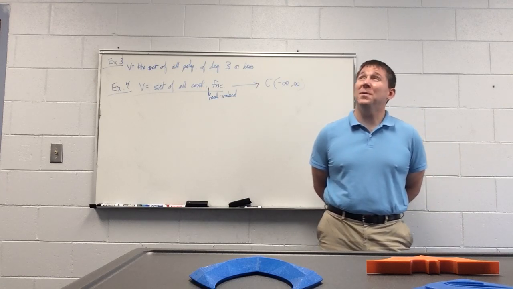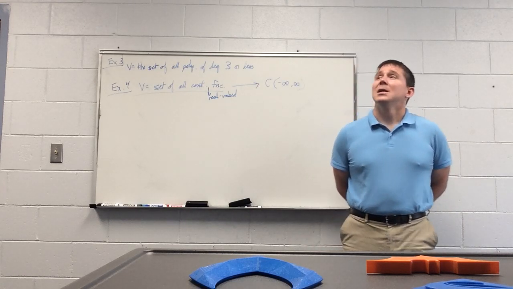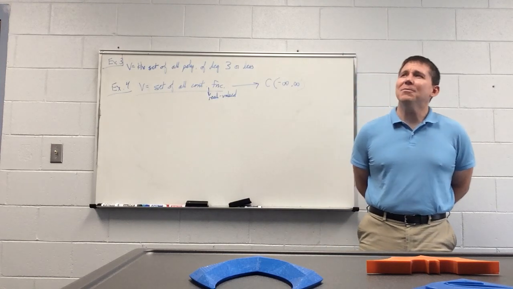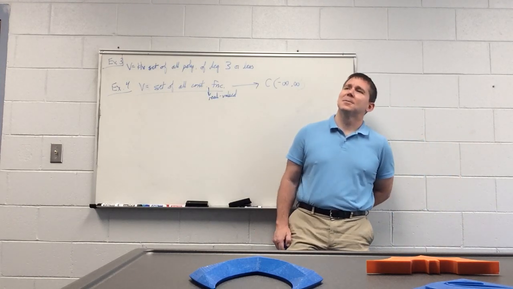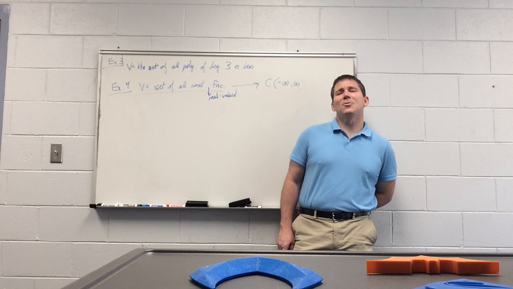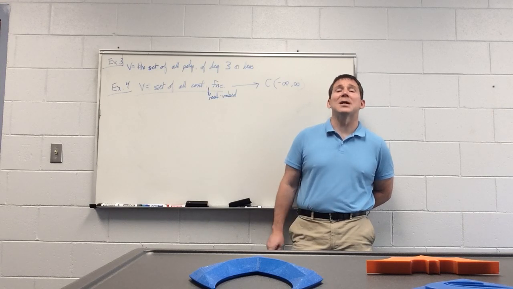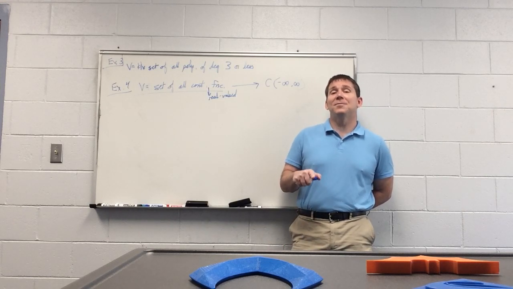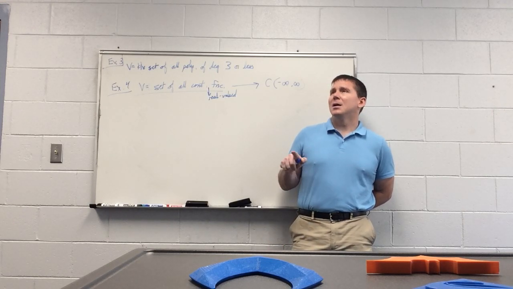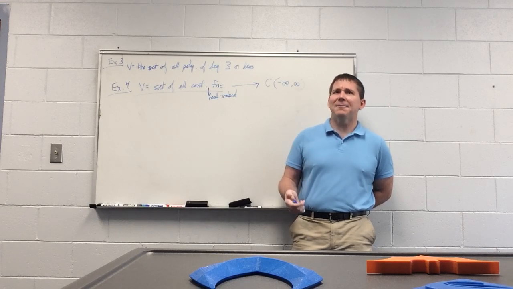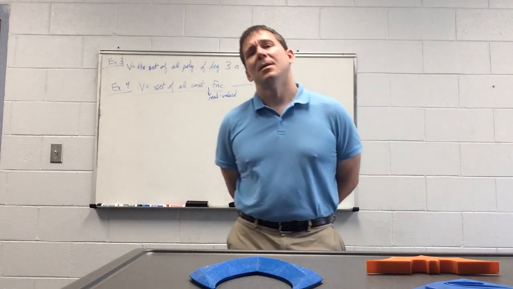All polynomial functions. Any of those are continuous. I guess logarithmic, for the purposes of the way your book's defining it, are not defined negative infinity to infinity, so we'll throw those out. But all the other continuous functions are definitely defined negative infinity to infinity.